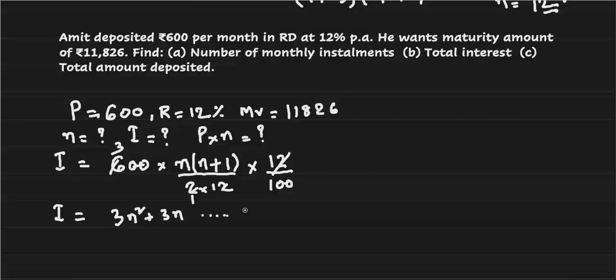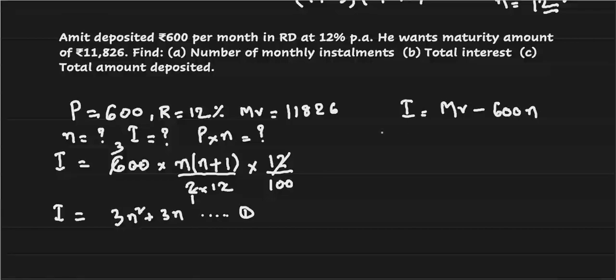If you compare it with our second equation, interest value is maturity value minus how much they have paid, P into N. So 600N, right? So maturity value, you know, 11826 minus 600N. Let this be our second equation.